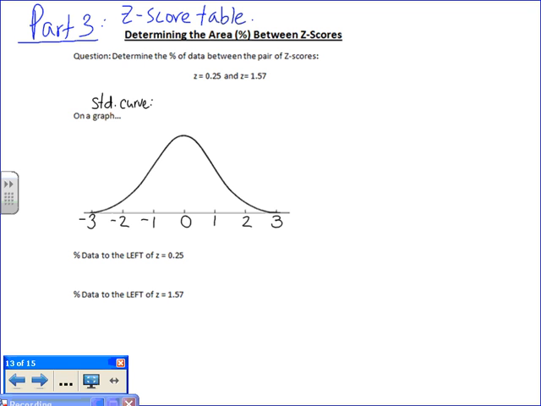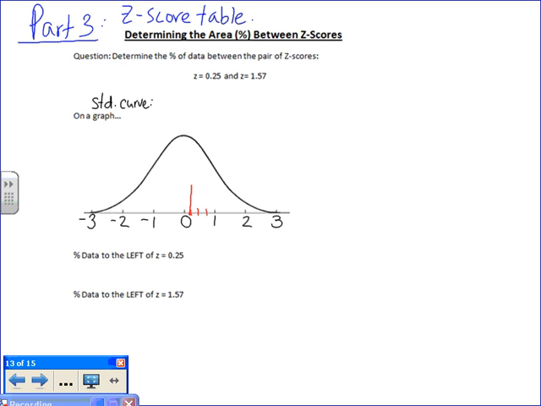Z is equal to 0.25 would live between 0 and 1 on my curve. It's a positive value above 0, but it's not equal to 1. So it's approximately a quarter of the way between 0 and 1.